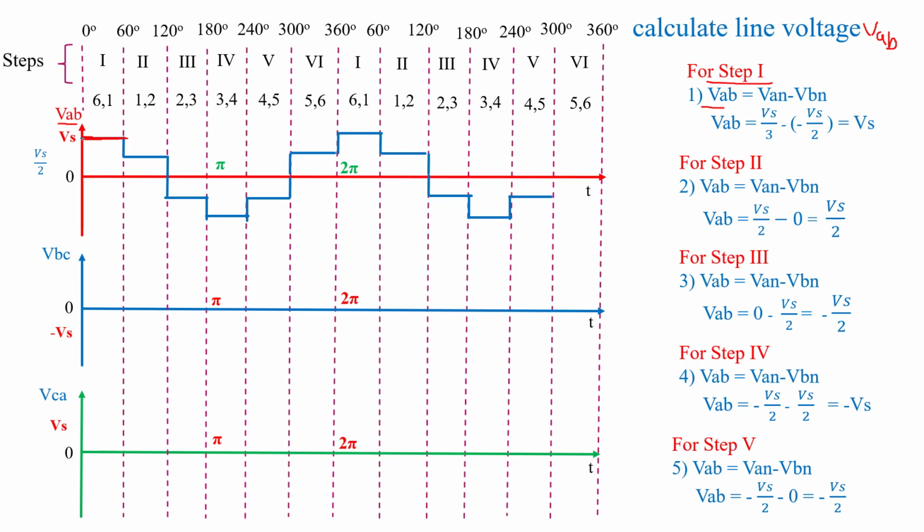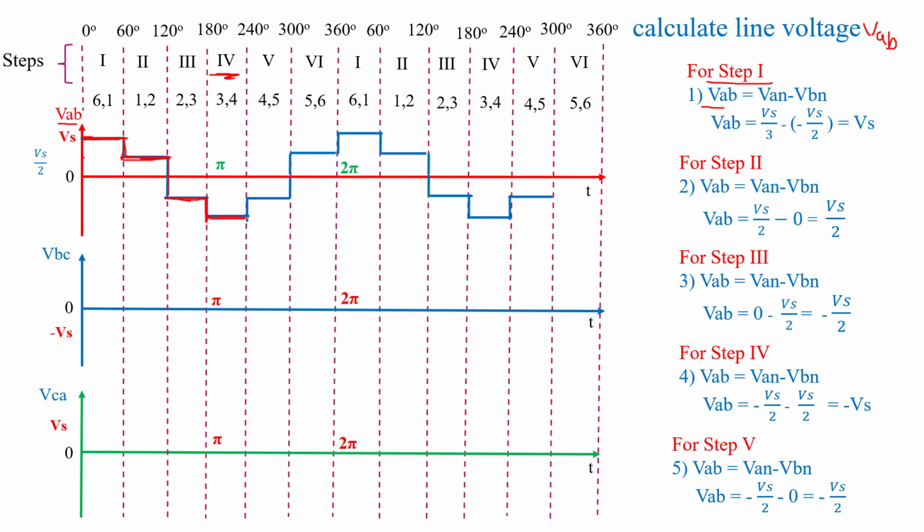If this is Vs, then somewhere here is Vs by 2. Now we join. At the right hand side, the step 3 value is minus Vs by 2, so we draw minus Vs by 2 in the waveform. Again for step 4, the value is minus Vs. So if this is minus Vs by 2, somewhere here is minus Vs.